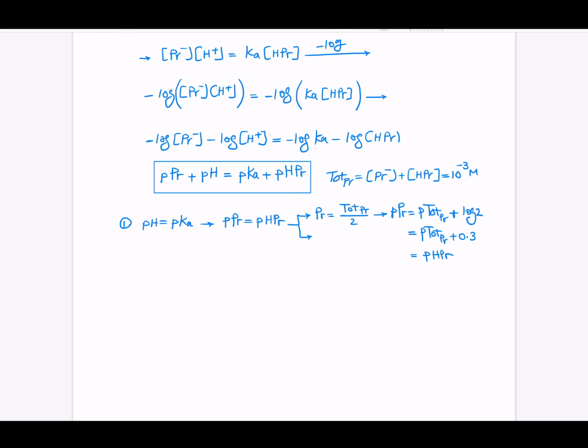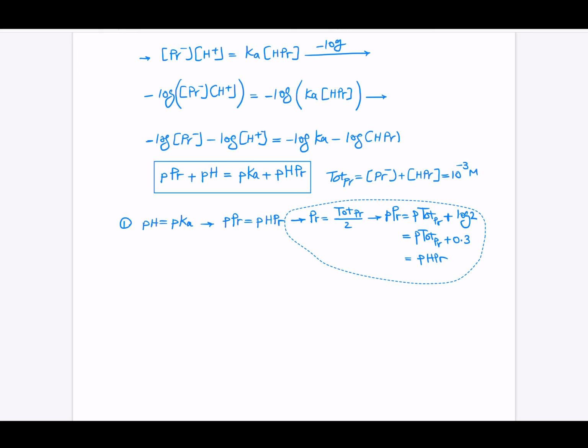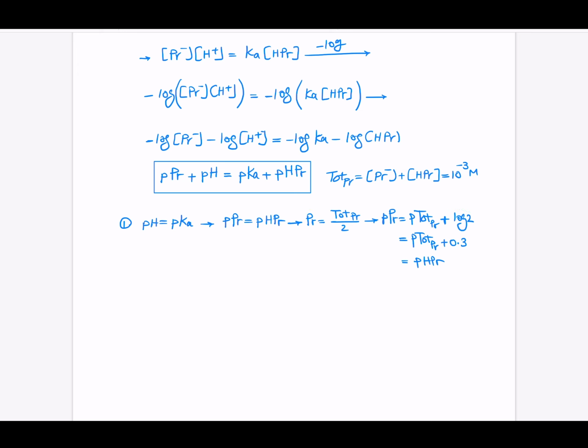But what does it mean? What are we doing here for this particular example? What we showed here was that at the point that was marked on the x-axis, the concentrations are the same.